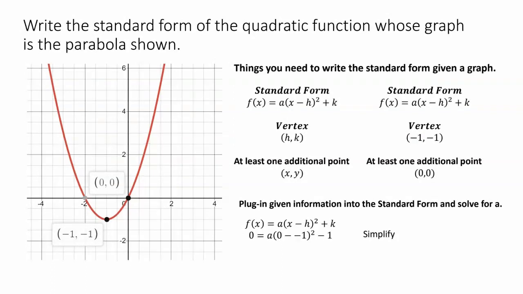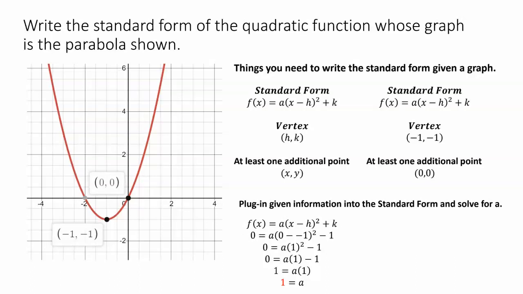Once we simplify, a negative times a negative is a positive, so 0 plus 1 is just 1. 1 squared is just 1, so we have a minus 1. We're going to add 1 on both sides. So we have a is equal to 1. Now we have our equation.